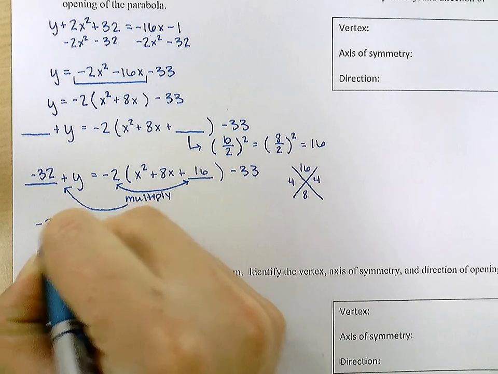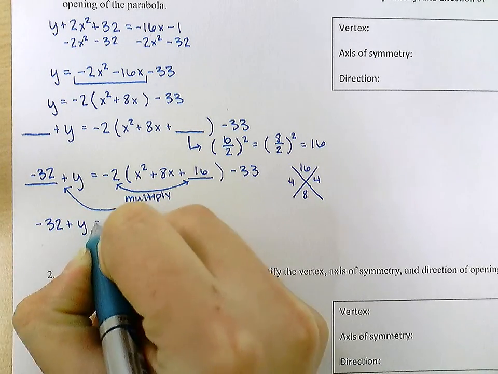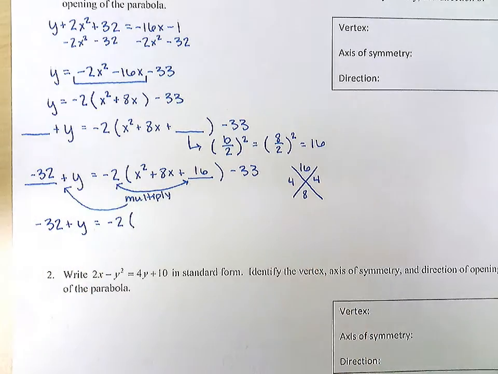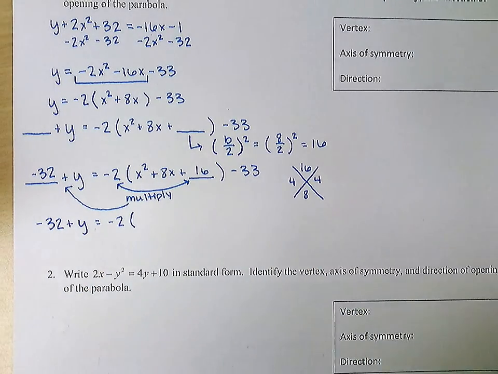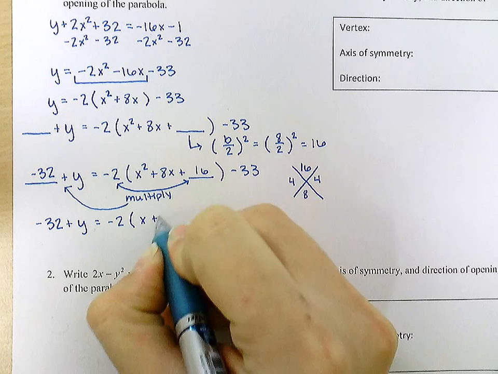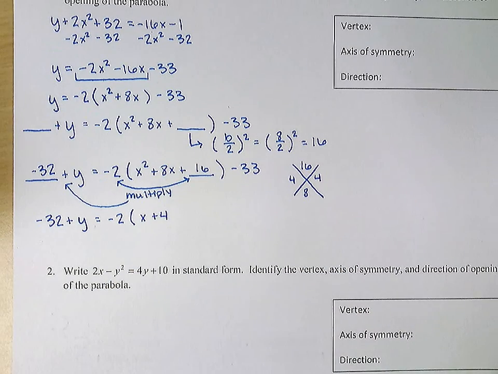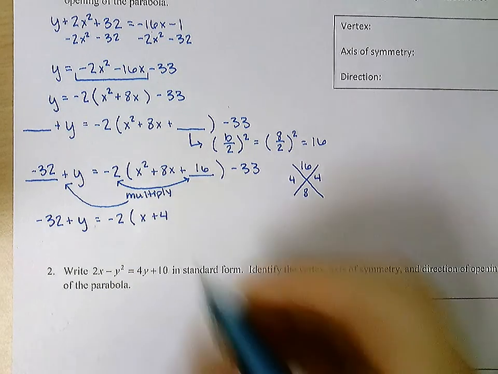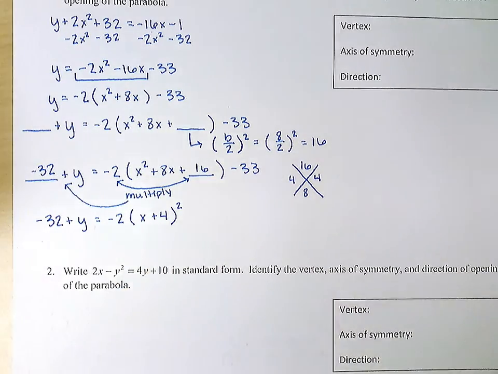So we have -32 plus y equal to -2. Now this is factored. So I would have x plus 4, and technically I'd have x plus 4 times that, right? For completing the square, it's just that quantity squared. So it's x plus 4 times x plus 4, which is just that quantity squared.